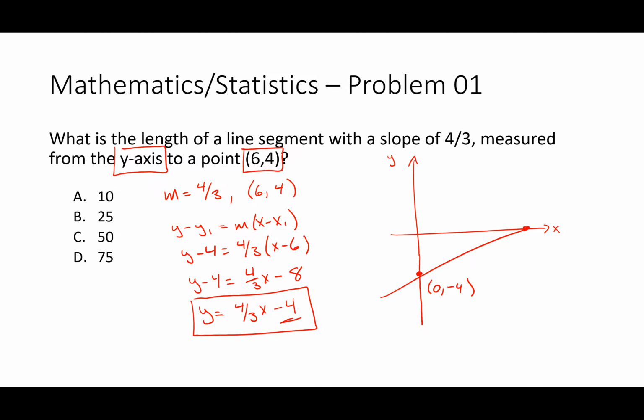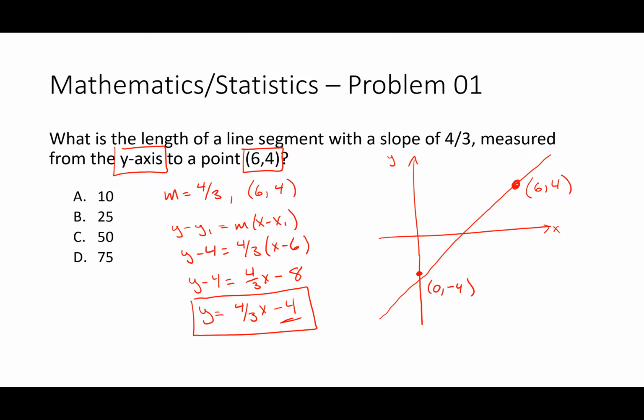And this point right here, I don't know what that point is, but I do know that it crosses somewhere up here. Maybe I should draw it more like that. And this point right here is going to be (6, 4).